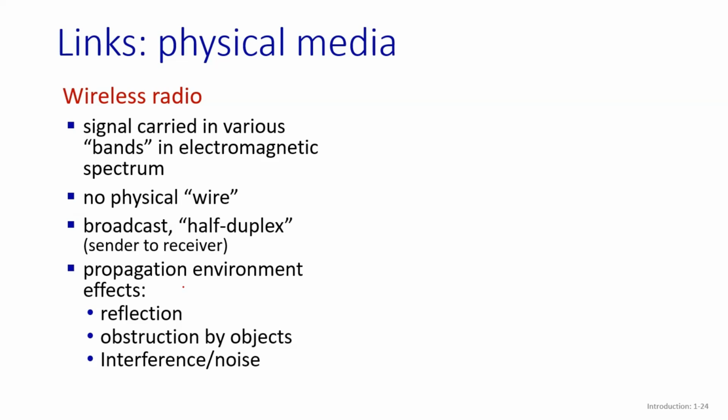The environment in which the wireless signals propagate has effects on the signals: reflection, obstruction by objects, interference, noise. These are all the effects that an environment imposes on the signals.